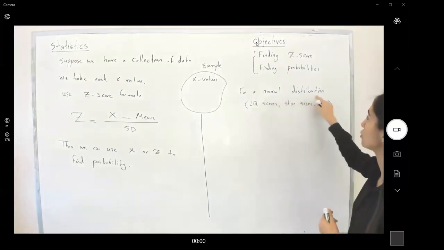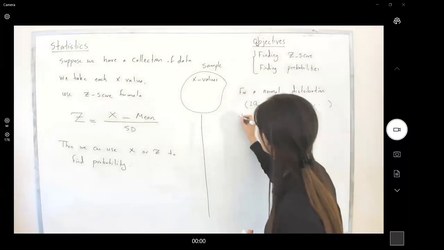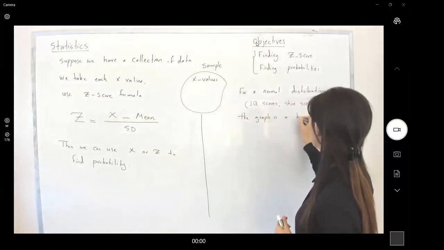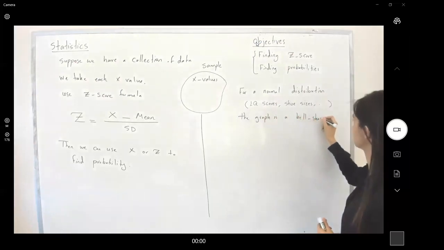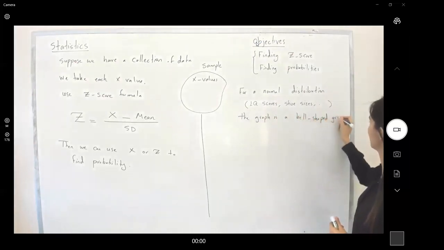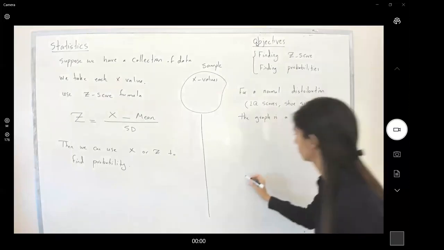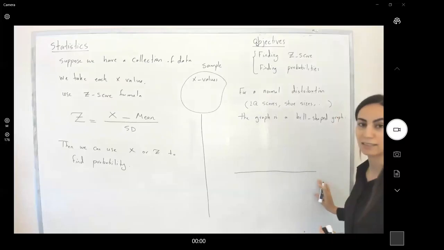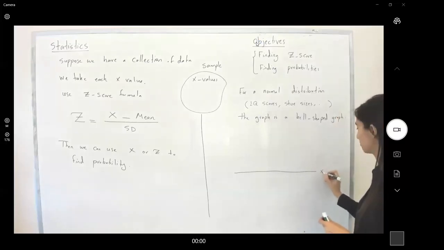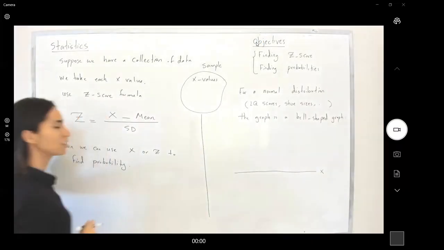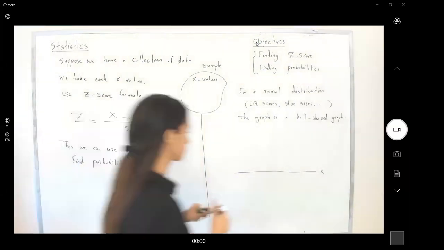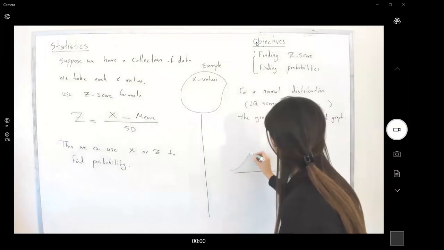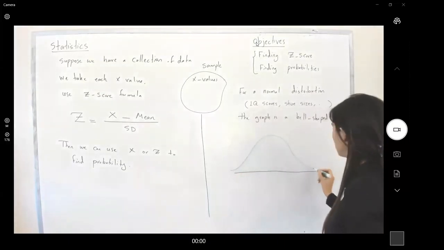For a normal distribution, the graph is a bell-shaped graph. On the horizontal axis, you have your x values. After we have our x values, we convert them into z. The graph is like this, a bell-shaped graph.